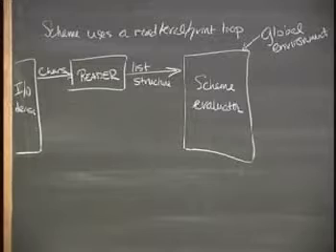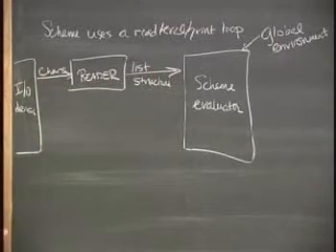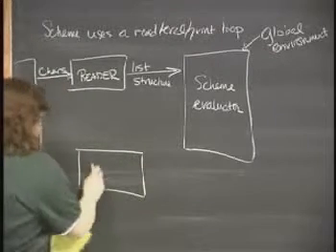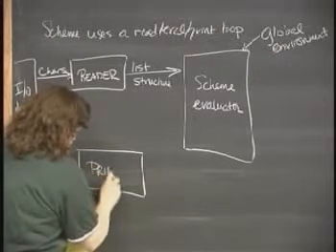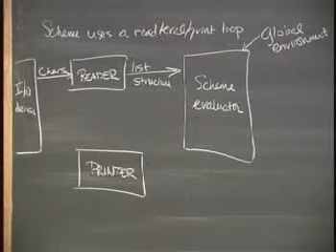So the Scheme evaluator is using the global environment and the list structure we're typing in to produce some results. These results are going to go to the printer, which is not actually the laser printer, but something that's doing the printing to our input-output device, printing out to our terminal screen.